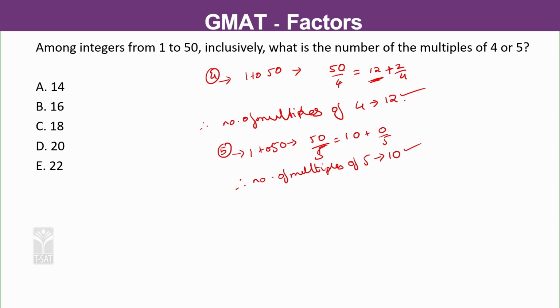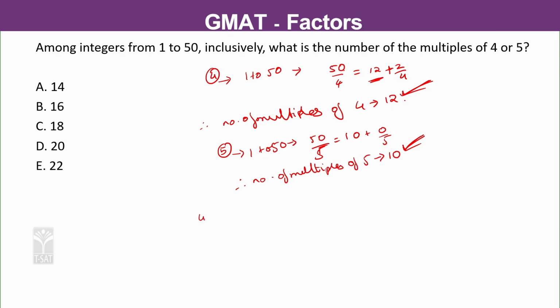But when you are adding these two numbers, you need to check the numbers that are divisible by both 4 and 5, because they will be counted twice. They will be counted both in these 12 as well as in these 10. Say, for suppose, 20 is counted in multiples of 4 and it is also counted in multiples of 5.